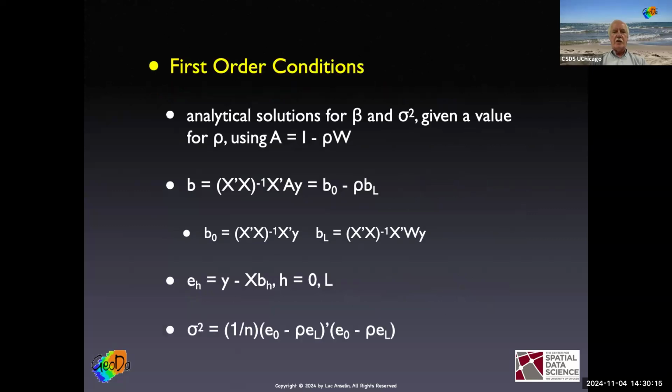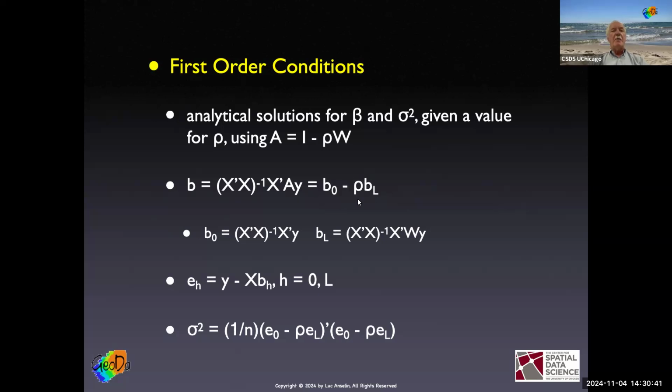So here, if you look at this, we can run 2 extra regressions. You get 2 estimates of beta, they don't change. The true estimate of your betas is the difference between B0 and BL differentiated by rho.